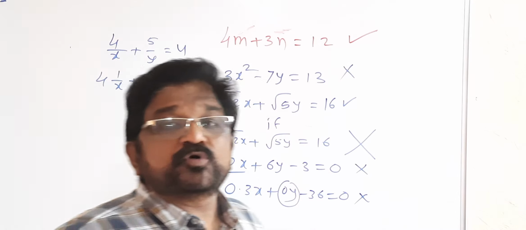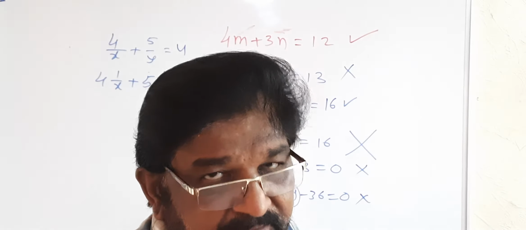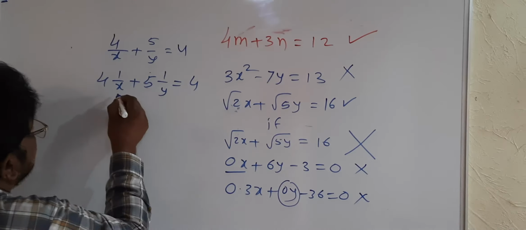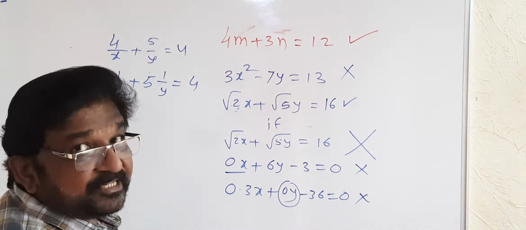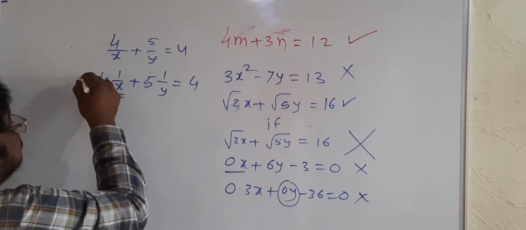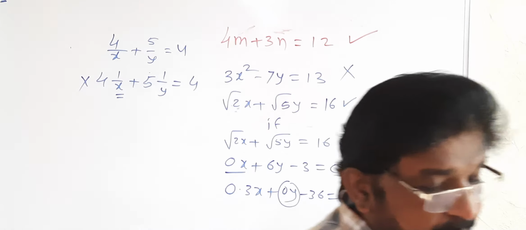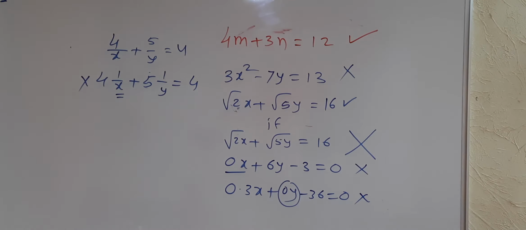When variable goes in the denominator, the power becomes negative. So it is not an equation with two variables.